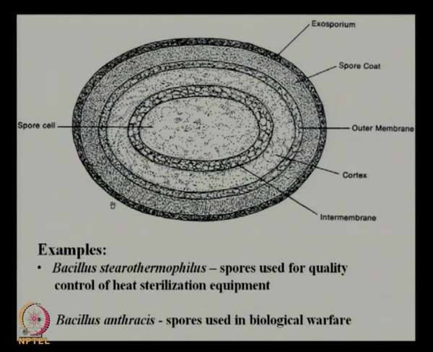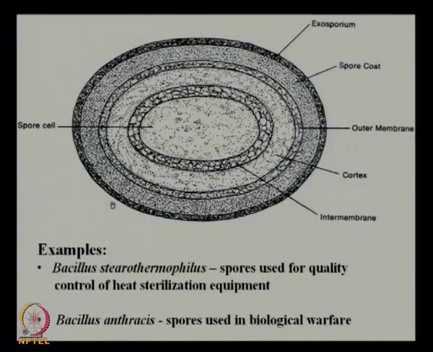Here, if we see the structure, the cytoplasm is getting dehydrated gradually and spore coats are formed. That means we can find the inner membrane followed by the cortex, followed by the outer membrane, spore coat and the exosporium. These spore coats are so resistant that under any drastic condition this bacteria can withstand, and under normal environmental conditions these spore coats open up and the bacteria can once again reproduce.